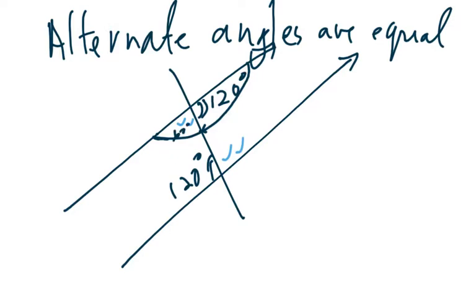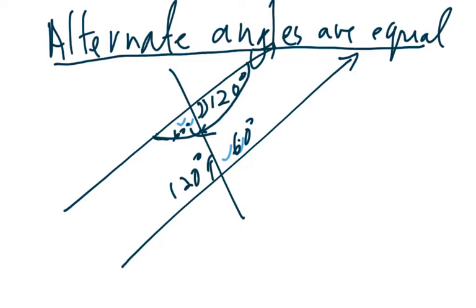So if that is 60 degrees, it is alternate to that angle. That's why this one is also 60 degrees. And I think that explains the relationship on corresponding angles, vertically opposite angles, and alternate angles.